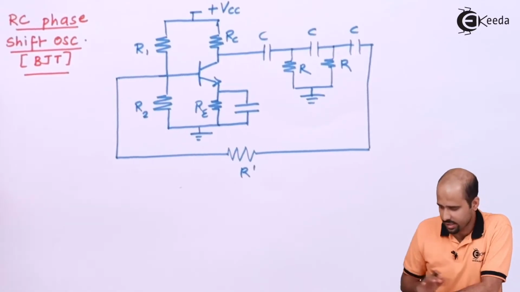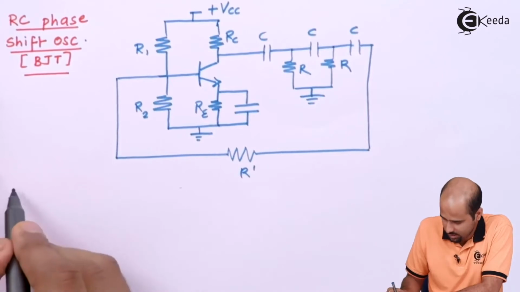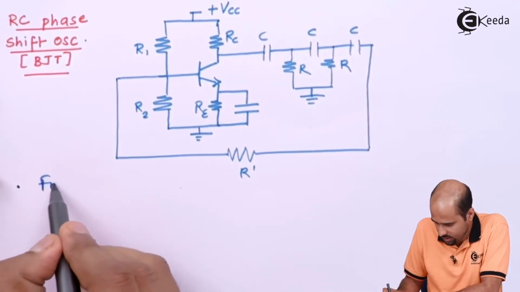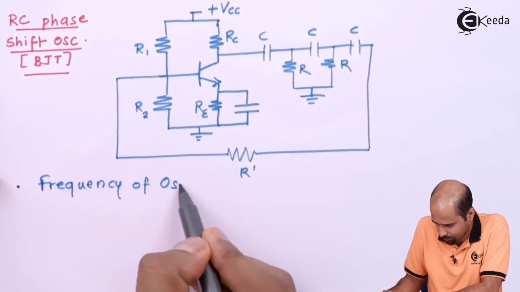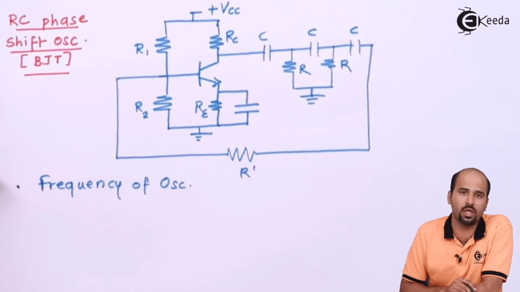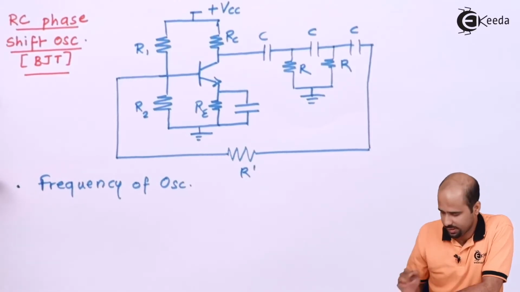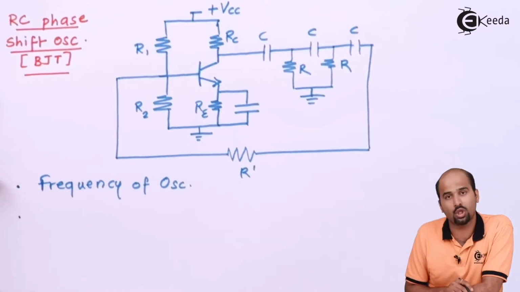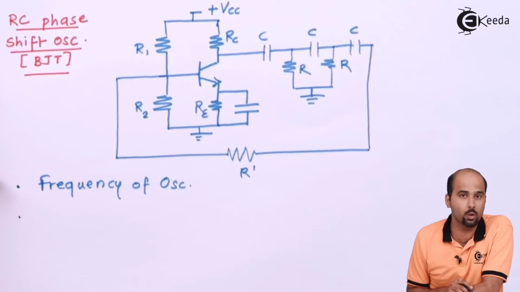Okay, now the circuit is considered, but there are a few findings that we have to obtain. First is the frequency of oscillator. That means at what particular frequency I will get the sustained sinusoidal oscillations. That is the frequency of oscillations that we have to find out. And what should be the gain factor, to fulfill the magnitude criteria?